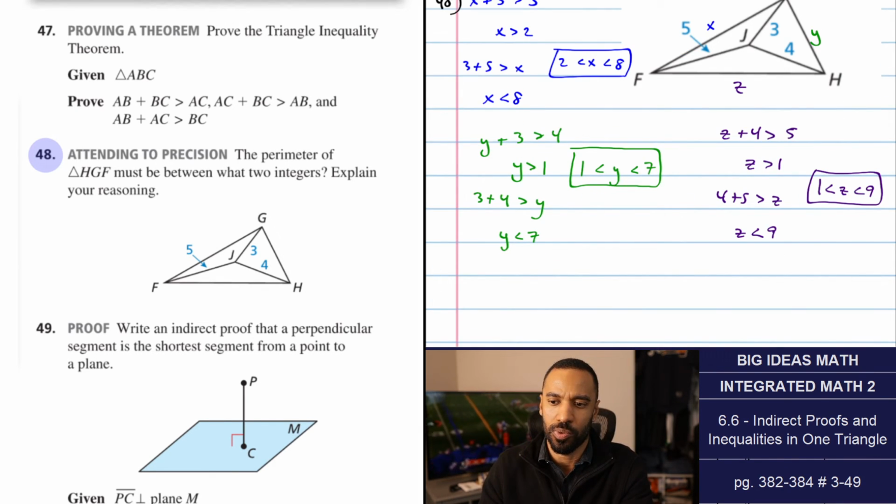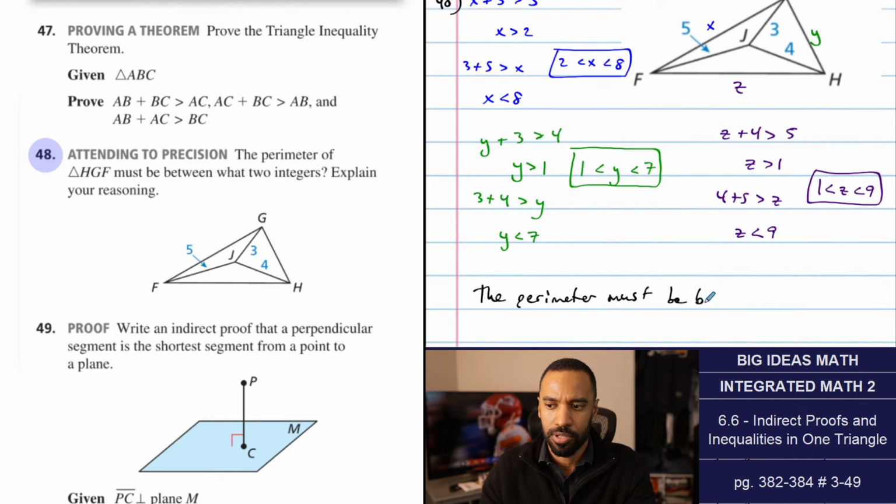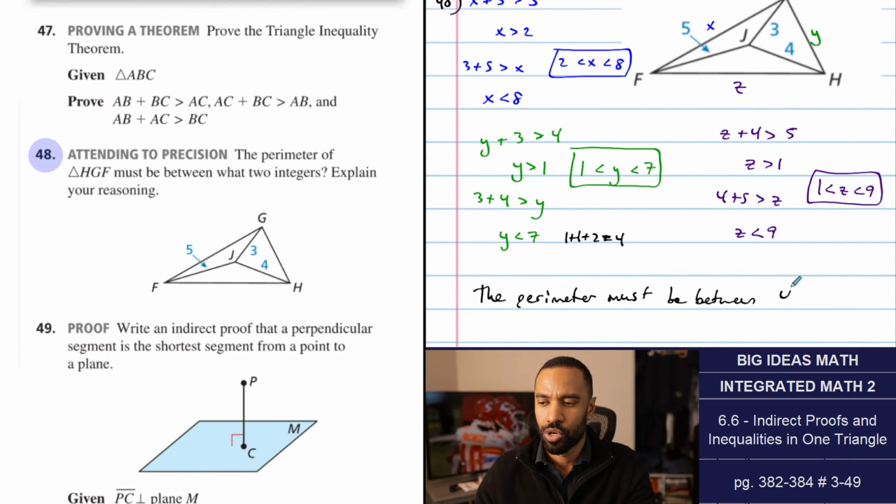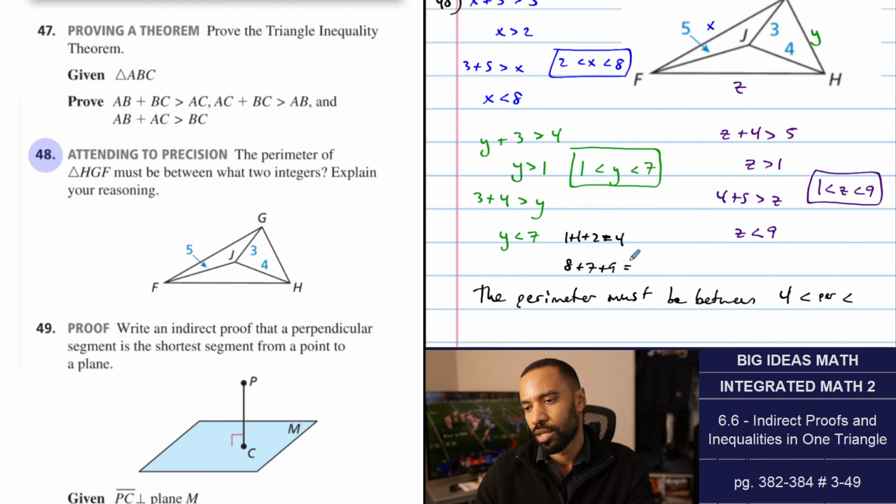The perimeter must be between, so I'm going to say this first and then see if we can shrink it any more, but the perimeter must be between, now I'm going to do 1 plus 1 plus 2 is 4. So 4 and perimeter, and then 8 plus 7 plus 9, I think it's 24, and 24.